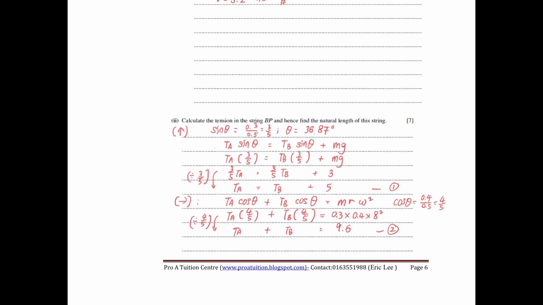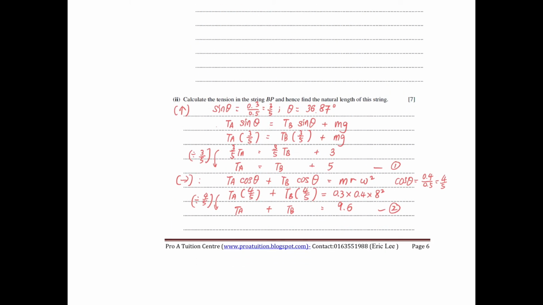With equation 1 and 2, it is going to be simultaneous equations. Let's substitute 1 into 2. Then I will have TB plus 5 plus TB again equal to 9.6.